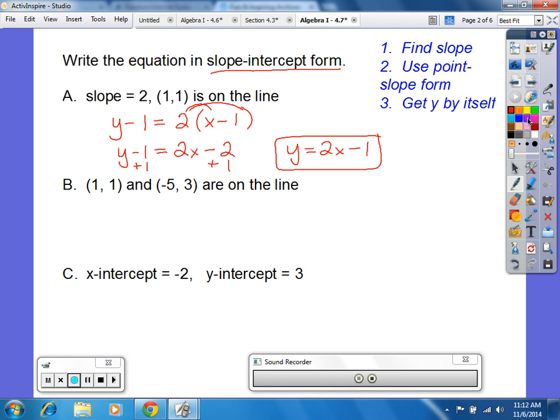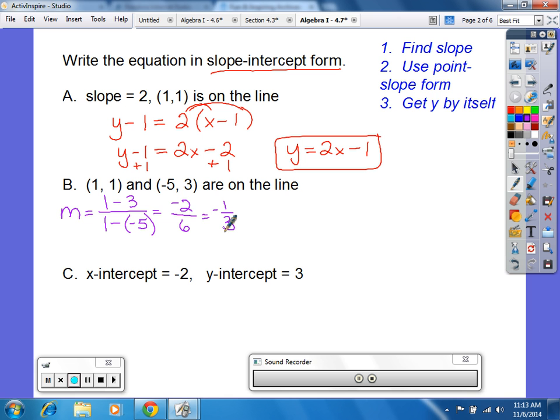Second one, find the slope. Did they give me the slope? Nope, so we have to find it. Slope is equal to y1 minus y2 over x1 minus x2. So my slope here is negative 2 over 6, or negative 1/3.